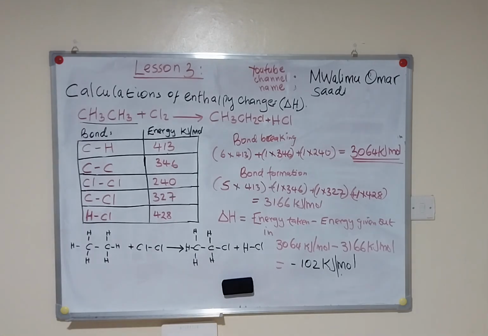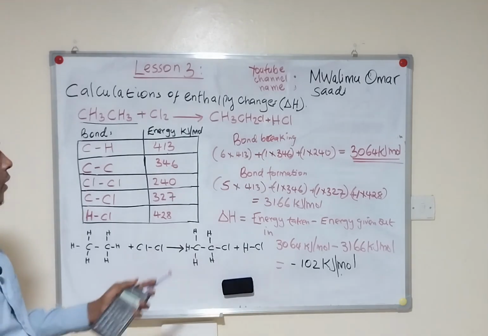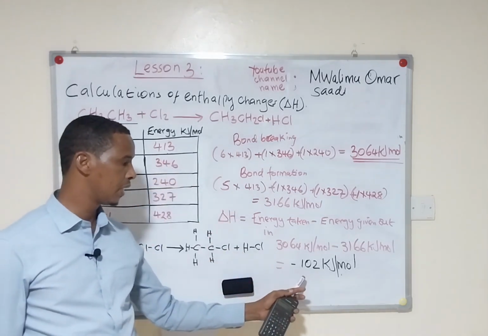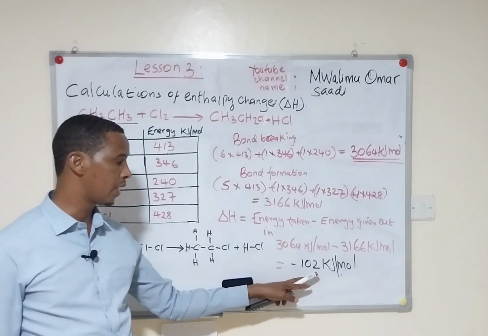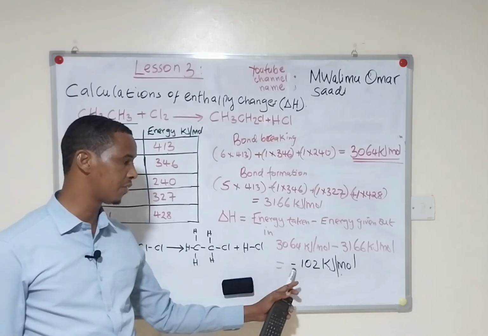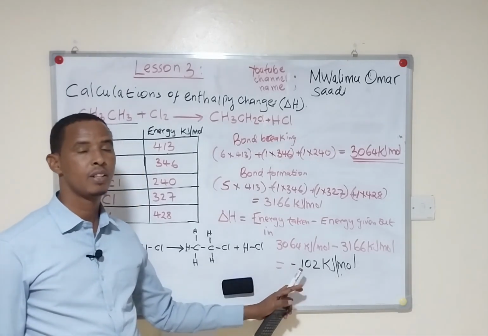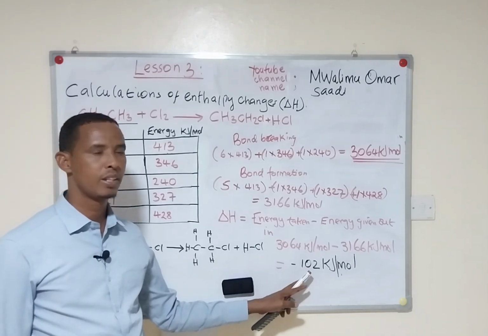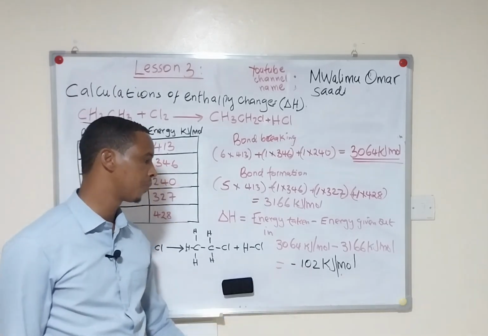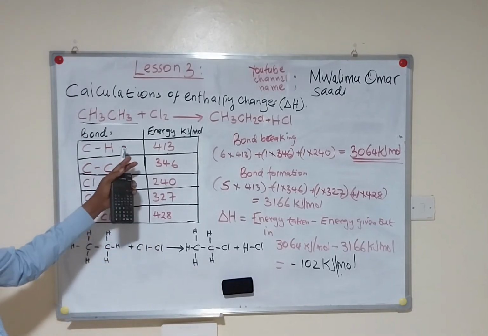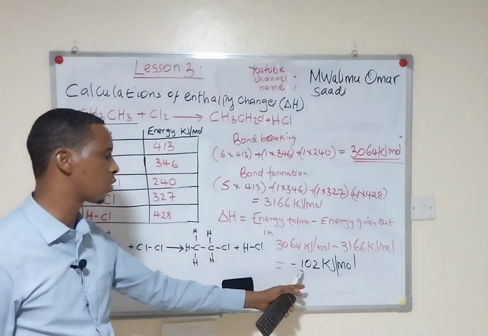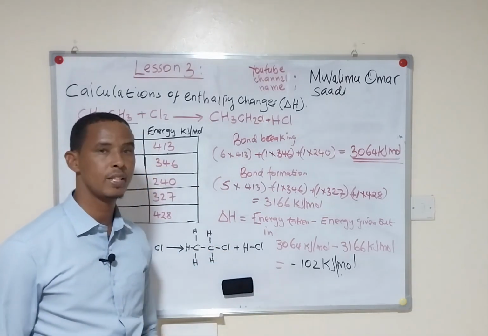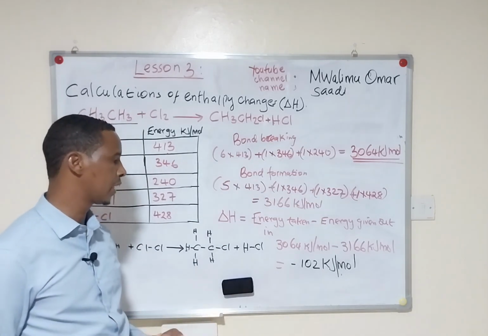So we can easily tell whether the reaction is endothermic or exothermic by looking at our answer. If the answer is negative, that means the reaction is exothermic. So the enthalpy change for this equation is negative 102 kilojoules per mole, which is an exothermic reaction.